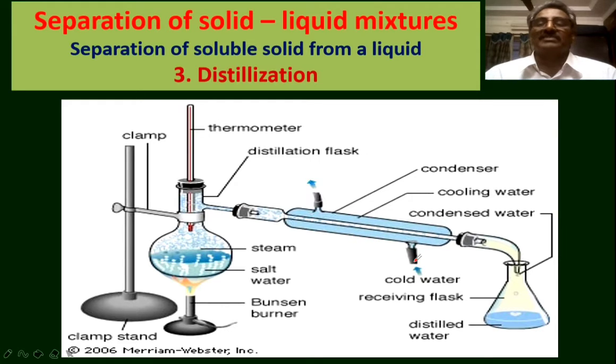The cold water circulates through this condenser to cool down the vapors. The vapors are condensed and are collected in a separate container. In the industries, the same process takes place in large quantities, that is, in the separation of pure water from seawater.